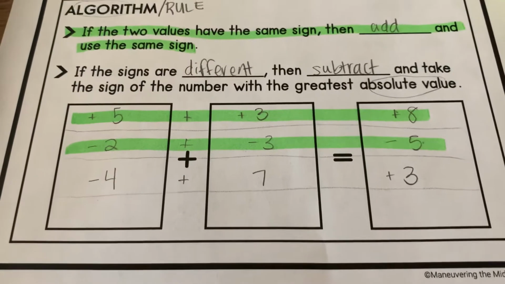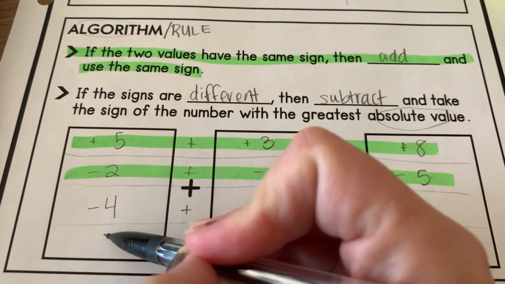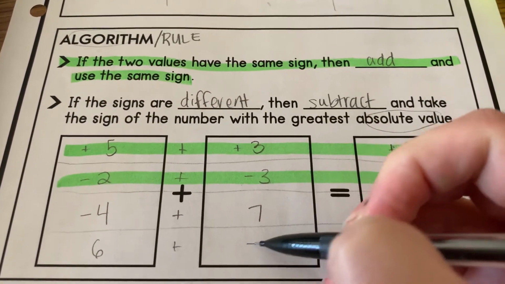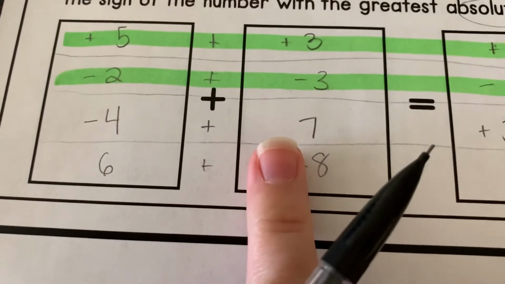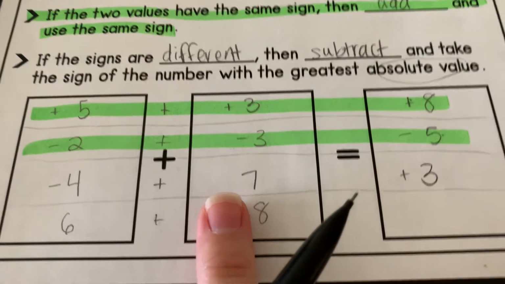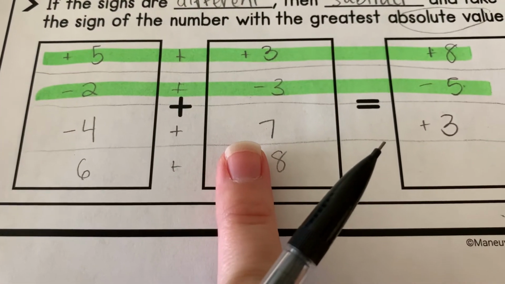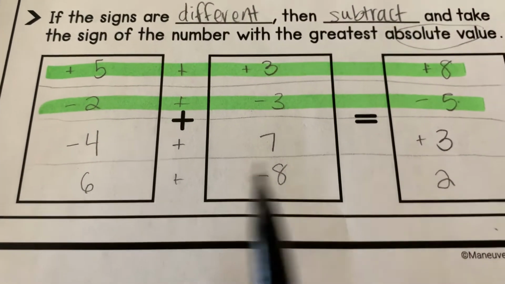Okay? Let's do another example. So we have positive 6 plus negative 8. Just ignore the sign for right now. We're just looking at the 6 and the 8. We subtract and take the sign of the number with the greatest absolute value. So 8 minus 6 is 2. Now, what sign do we use?